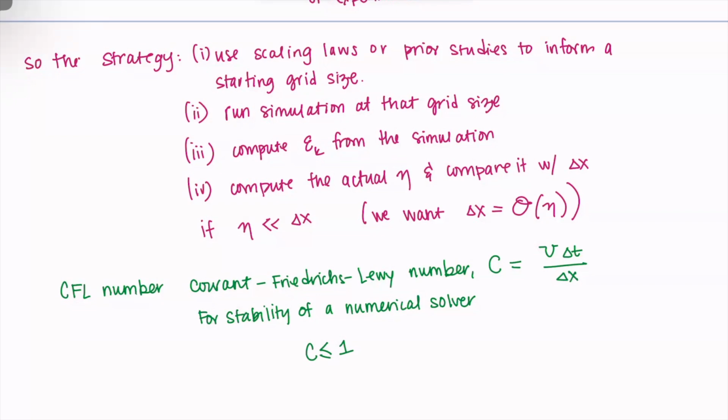But the difference is that there's kind of 2 conditions that we are trying to impose. CFL is focused on numerical stability. It has nothing to do with correctness, technically, right? It just means that the numerics are stable. Whereas specifying that the Taylor time scale and the Kolmogorov length scale are small enough, that's ensuring that we're capturing all the physics.